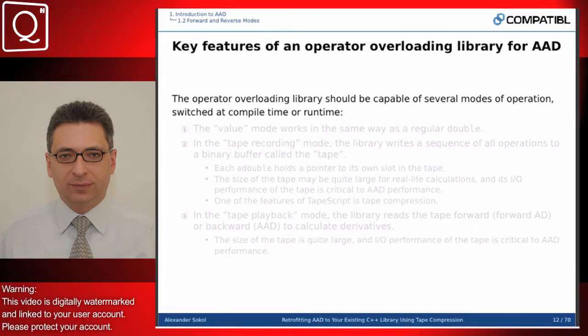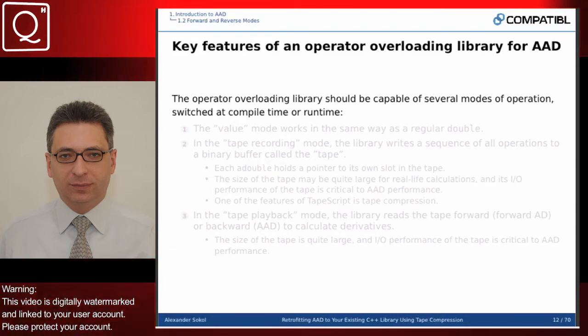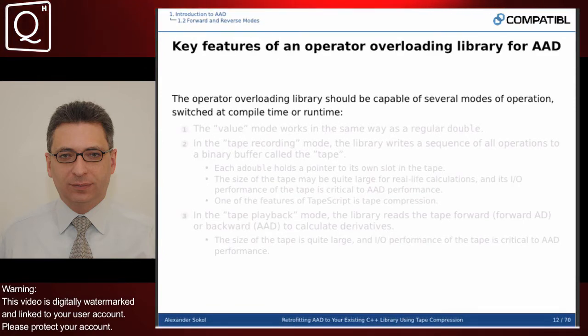All right. Okay. So the next phase in this slide presentation is how does an overloading library work, right? So in other words, after you replaced your double with T double or A double, a specialized variable, how do you actually get a joint calculation?